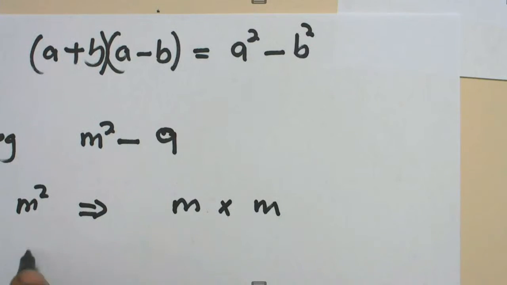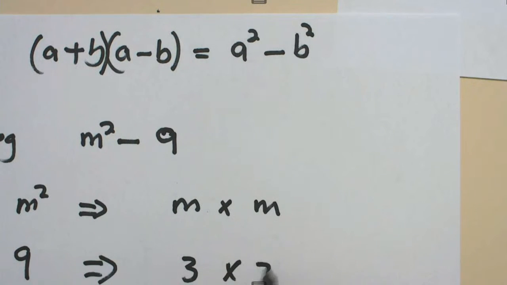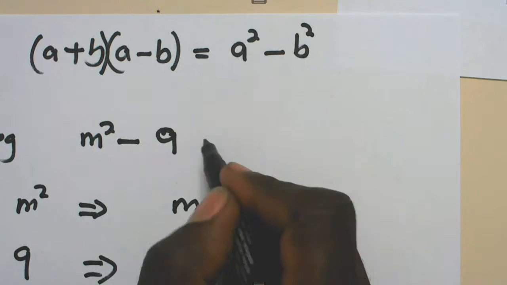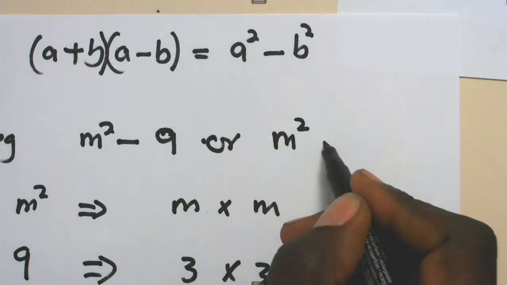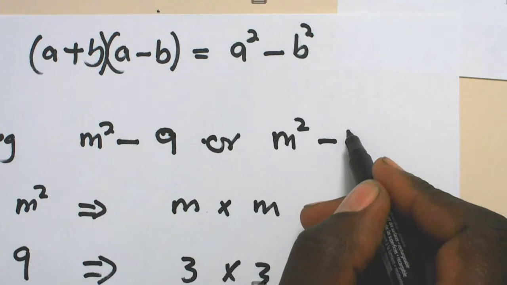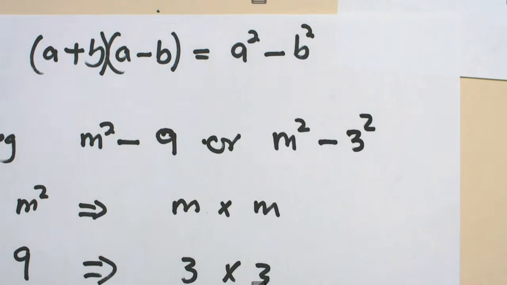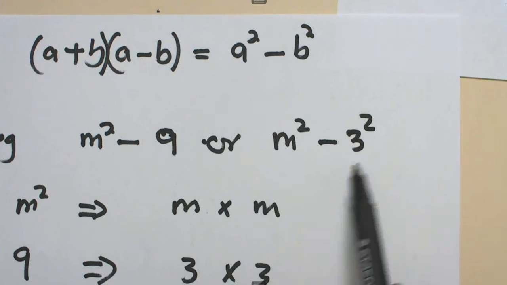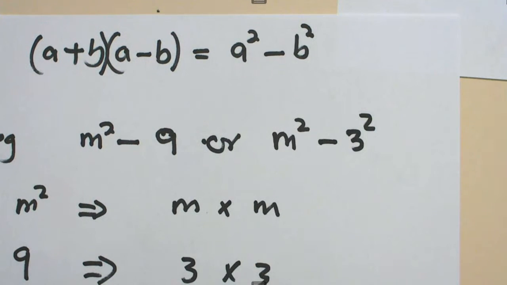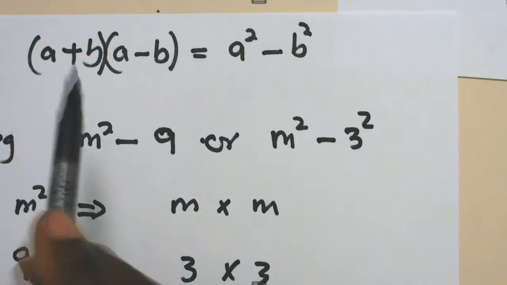And the factors of 9 is 3 multiplied by 3. You can rather simply write this as m squared minus 3 squared. It is the same because 3 to the power of 2 is 3 by 3, which is 9. Remember, look at this.